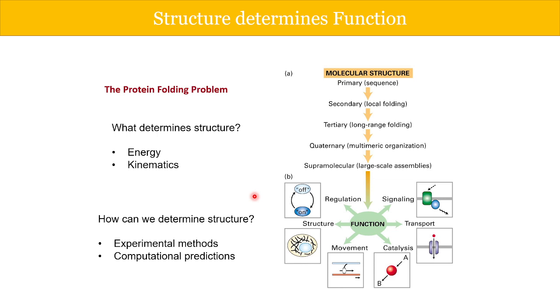Then there are cell transport proteins that allow ion molecules to flow inside the cell or get out of the cell. So how can we determine the structure? There can be computational and experimental methods that can tell us about the structure and the function.